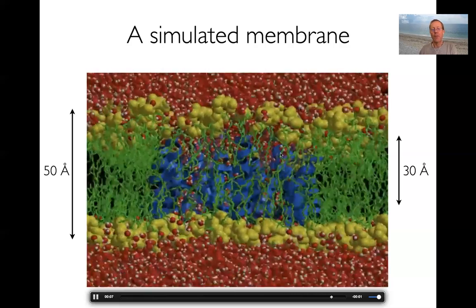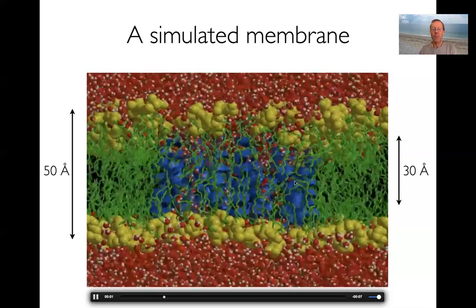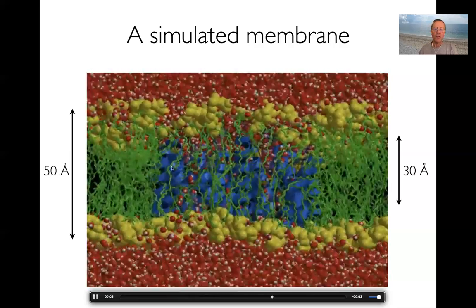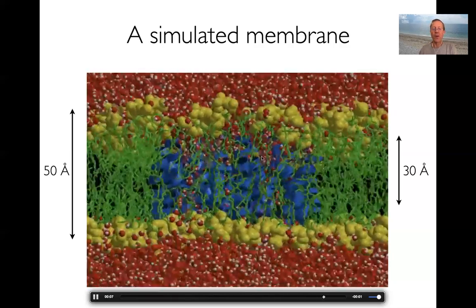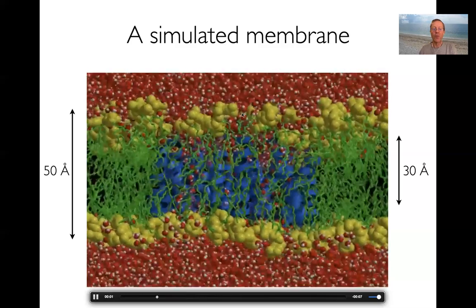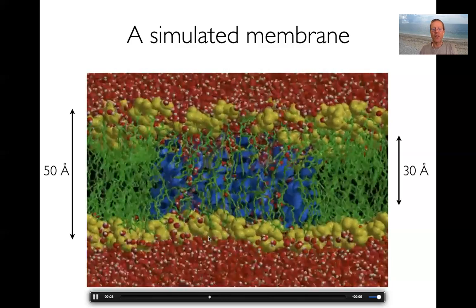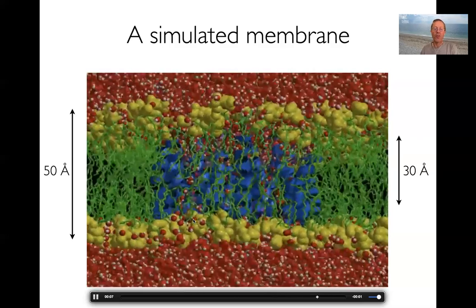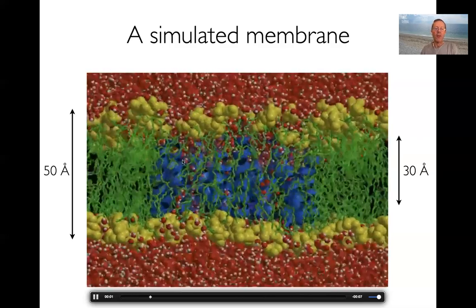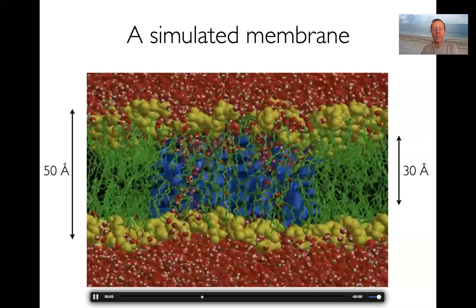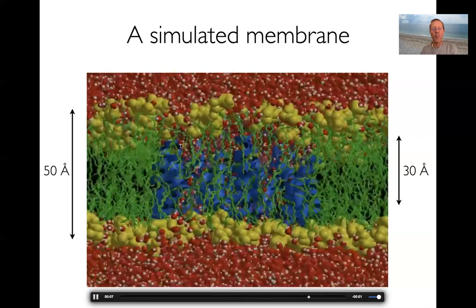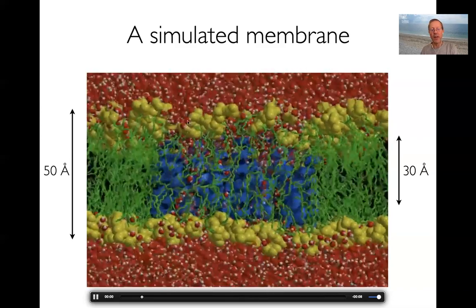You see that the protein is well buried inside the lipid bilayer. It's almost completely immersed, and it only makes small contacts with the aqueous environment on both sides. This happens to be a water channel, and you can see that it does have a channel through which water molecules can pass through the lipid bilayer.